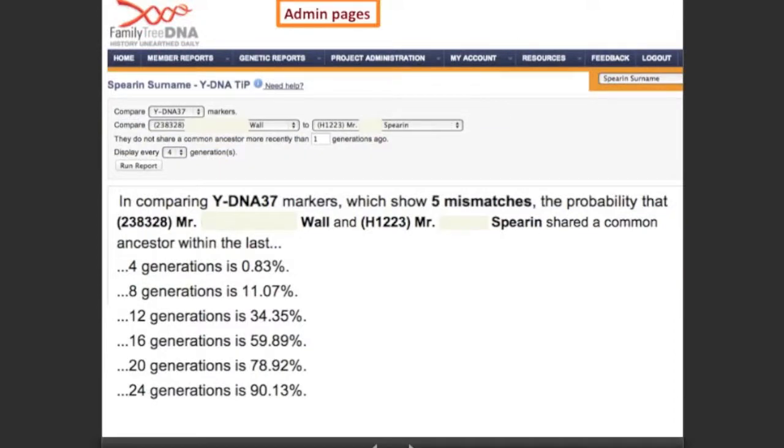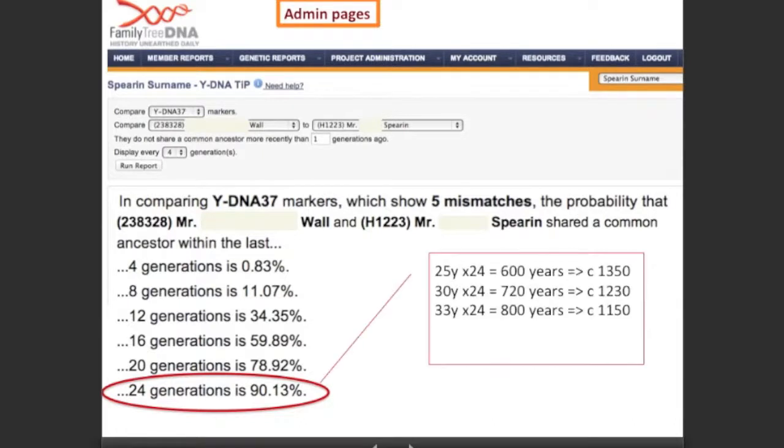And it says, in comparing Y-DNA 37 markers, which showed 5 mismatches, the probability that Mr. Wall and Mr. Spearman shared a common ancestor within the last 4, 8, 12, 16, 20, 24 generations, 90%. So there's a 90% chance that they've got a common ancestor within the last 24 generations. 24 generations, if you allow 25 years per generation, that's 600 years, brings you back to 1350.